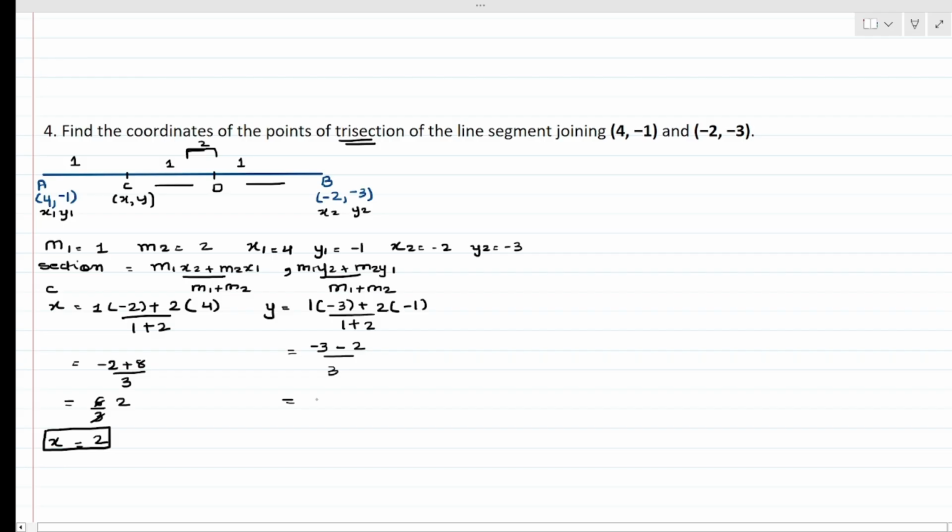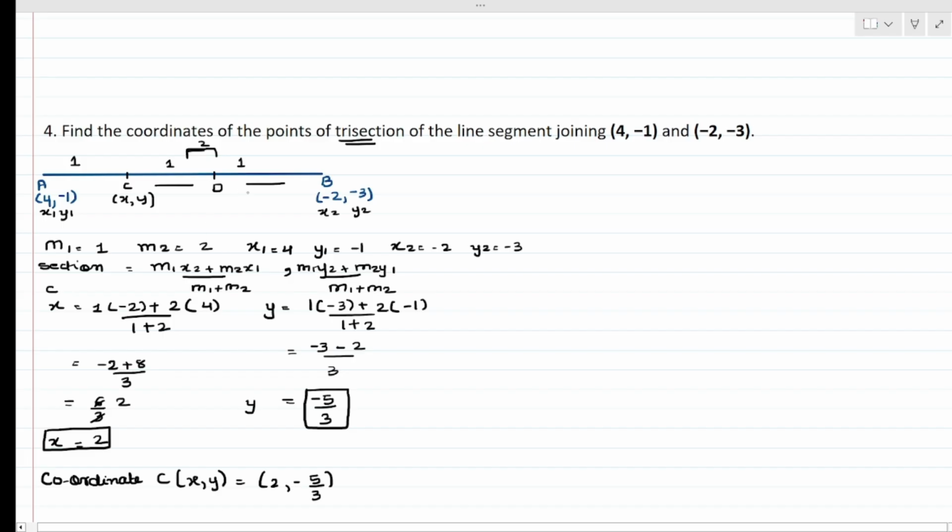Minus 3 minus 2, that means you will get your answer as minus 5 upon 3. So the coordinate of Y will be equal to minus 5 upon 3. That means the coordinates of point C, which is x comma y, will be equal to 2 comma minus 5 upon 3.